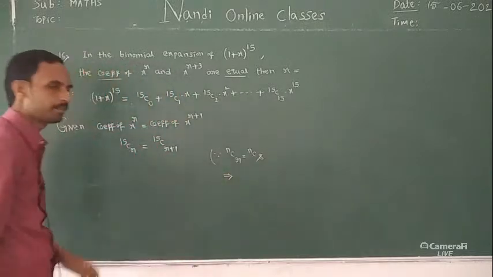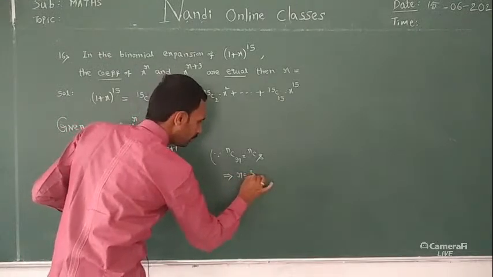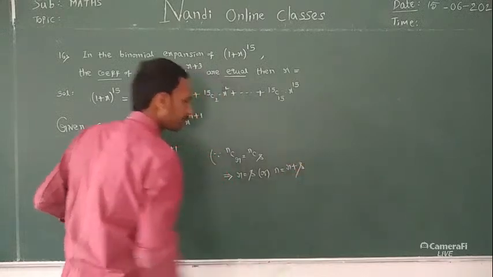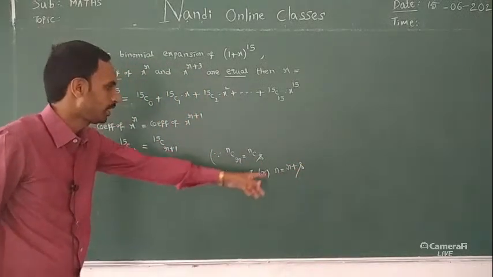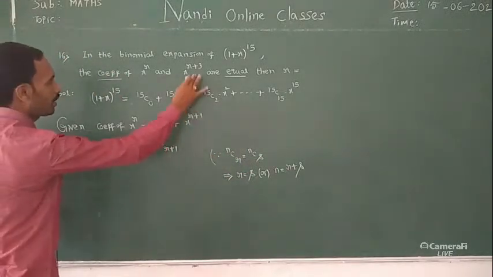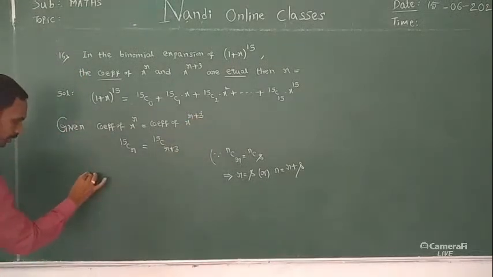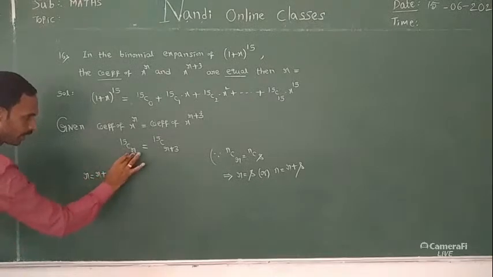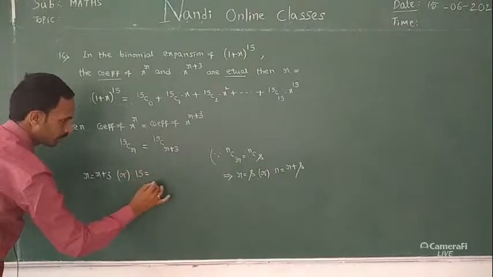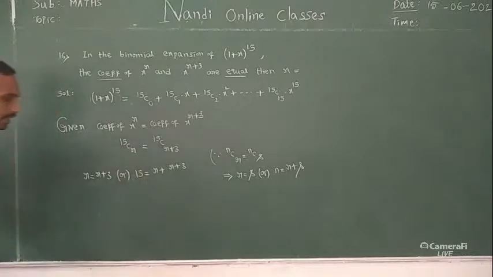Anybody, what is the formula? So the formula is either r is equal to s or n is equal to r plus s. So for the coefficient of x power r plus 3, r is equal to r plus 3, or n is equal to r plus s, means 15 is equal to r plus r plus 3.